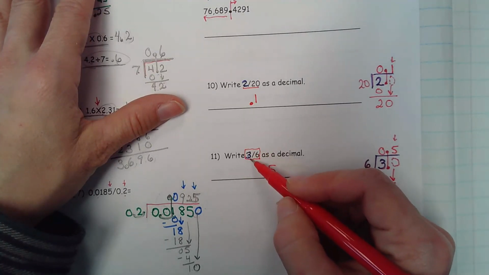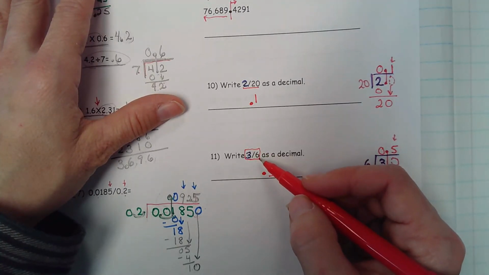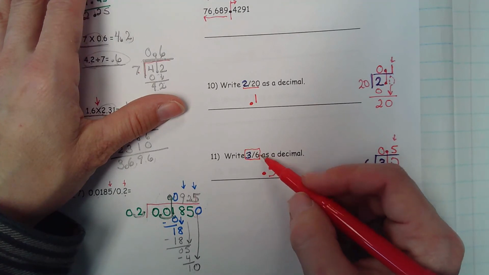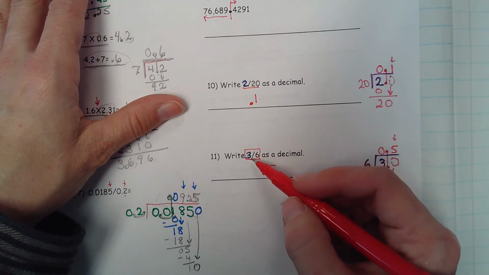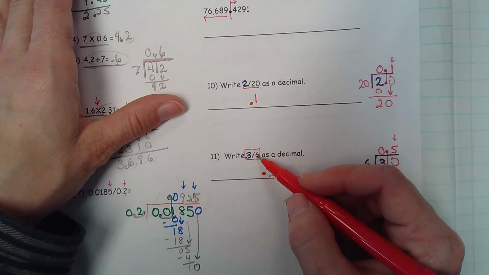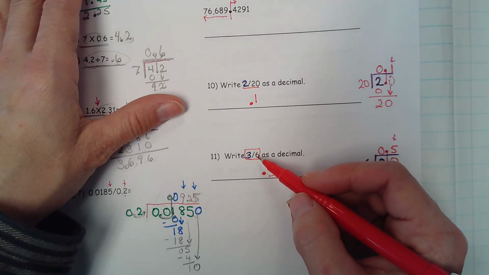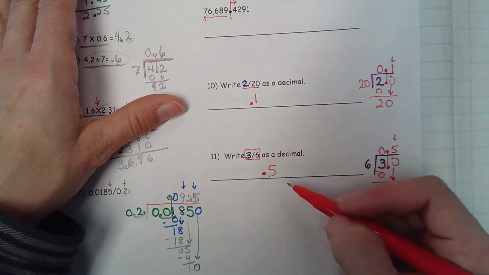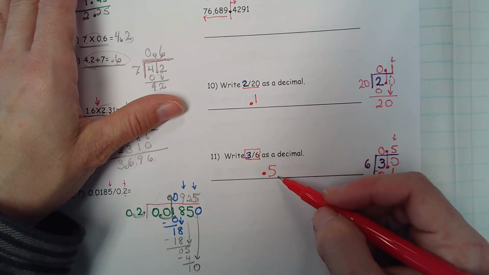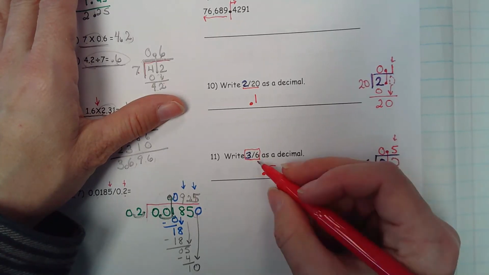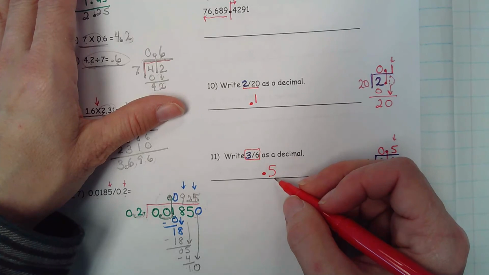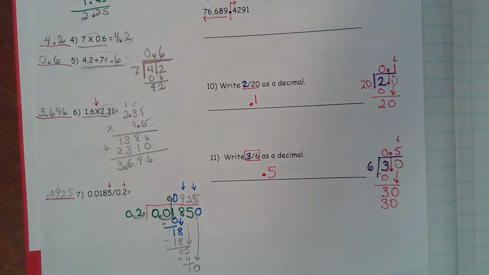Does this make sense with the fraction? If you have a pizza that was split into 6 pieces and only 3 of the 6 pieces are left, don't you have half of the pizza left? So 3/6 is the same as 1/2, which is shown with 5 tenths as a decimal.